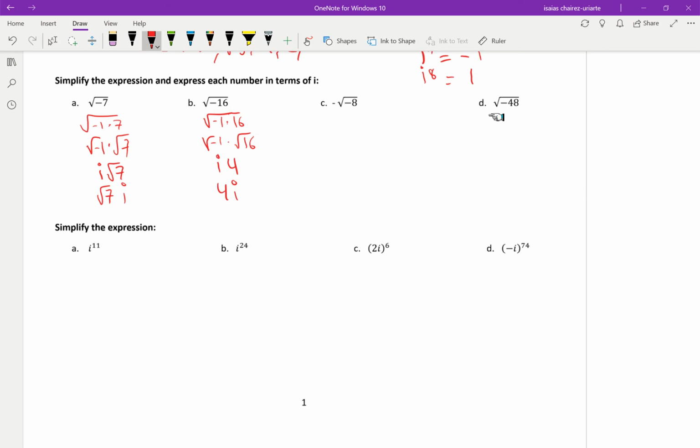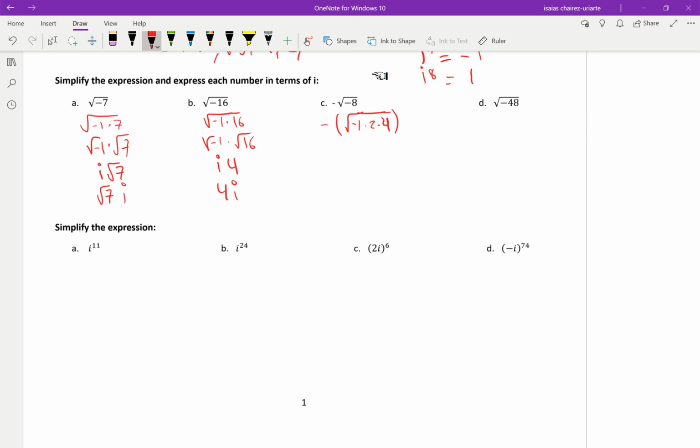This guy right here, so let's see. I have to be careful: negative, and then I'm going to open a big parenthesis because this little negative out here is going to affect everything at the end. And so then I have the square root of negative 1 times 2 times 4. Okay.